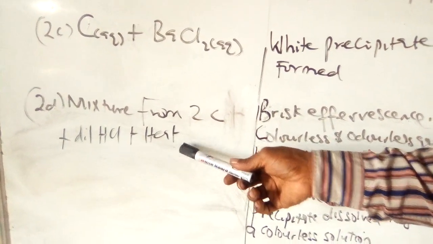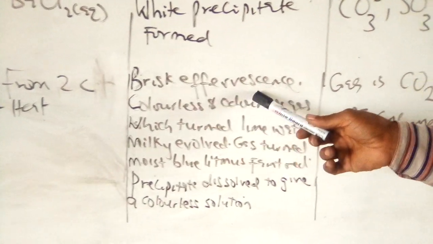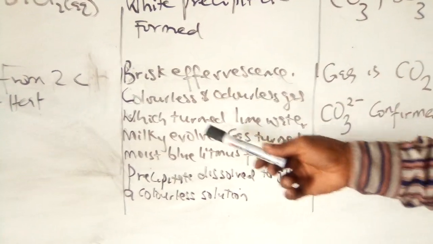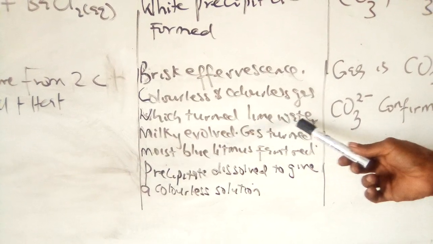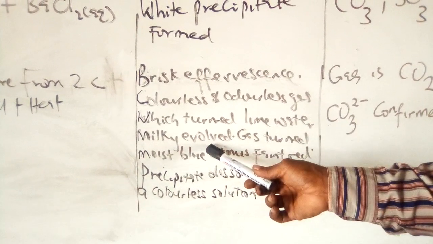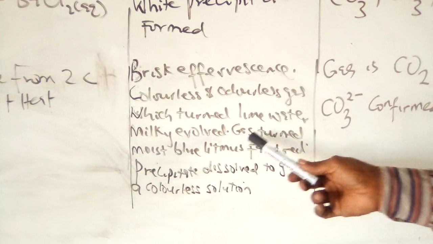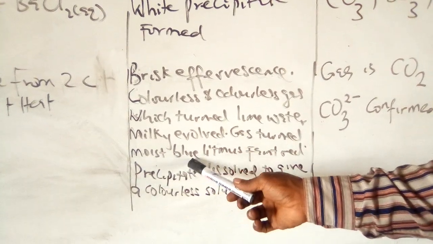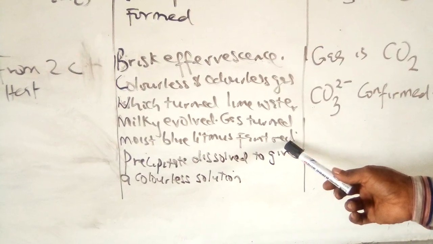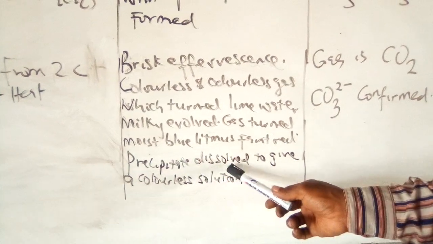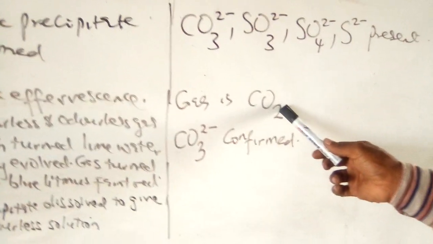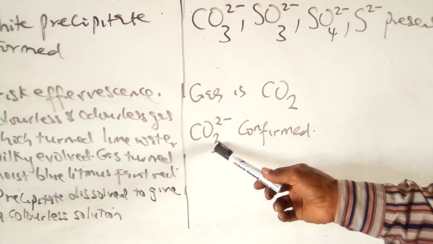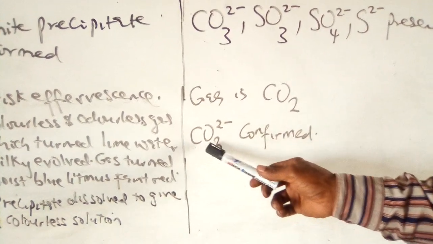Observation: brisk effervescence, that gas liberation as we observed. Colorless and odorless gas, which turned lime water milky, evolved. Gas turned moist blue litmus faint red. Precipitate dissolved to give a colorless solution. Inference: gas is CO2, and then the anion there is CO3 2- ion confirmed.